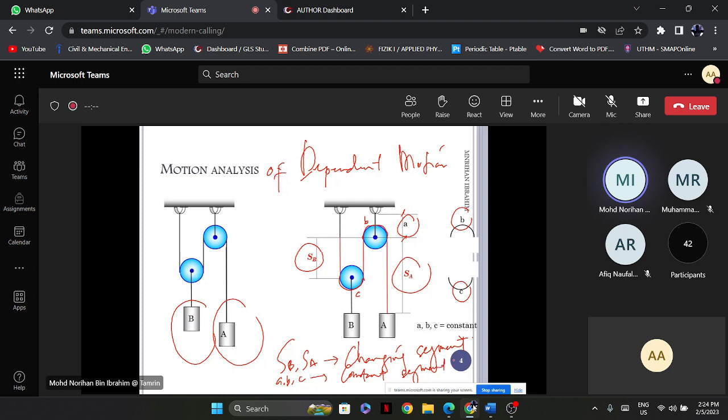When we deal with this kind of problem for dependent motions, first you need to identify both the changing segments and the constant segments. Once you identify those, the next step is to apply the appropriate equation, which is called the position coordinate equation.